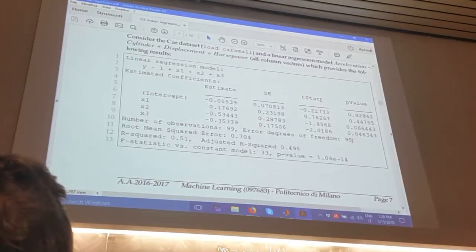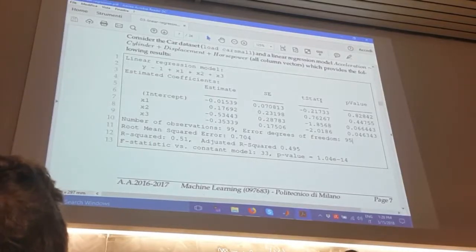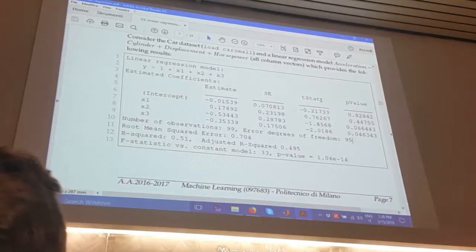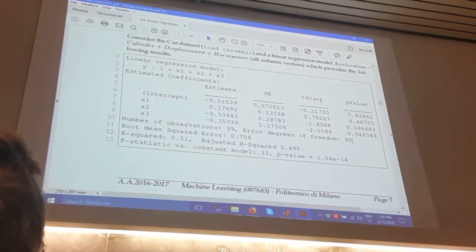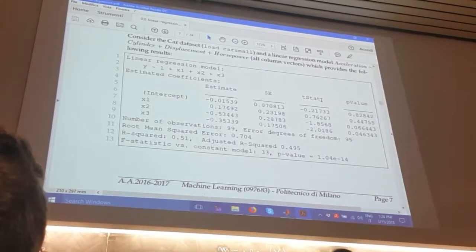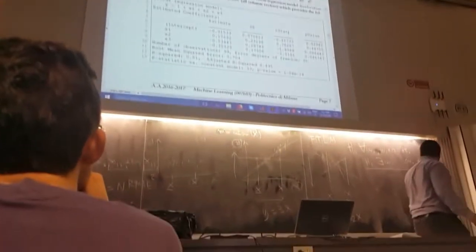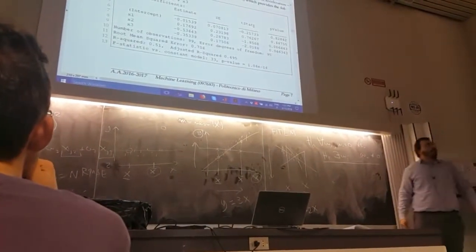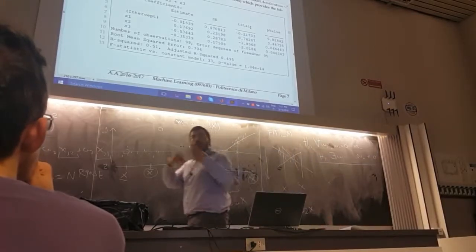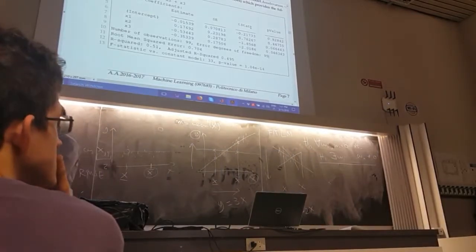The R-square coefficient tells us how much variance is explained by the model with respect to the total variance of the data. In this case, R-squared is 0.51, so it means that roughly half of the variance of the data is explained by the model.